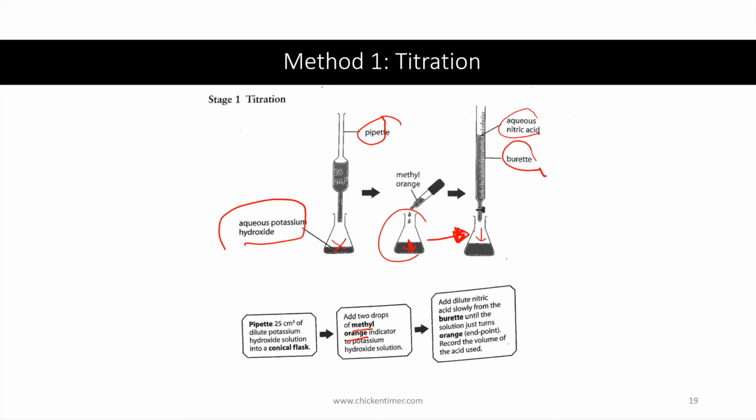You stop when the solution just changes color to orange. Then you record the reading. Once you record the reading, you will see that maybe 23.5 cm cube is used from the burette. So maybe like that.